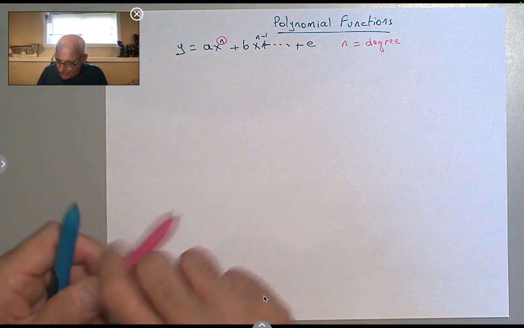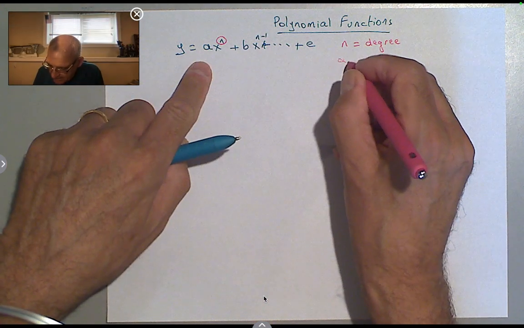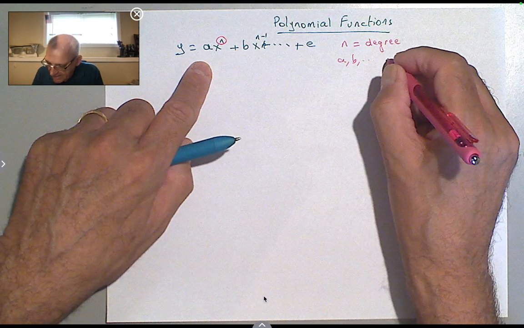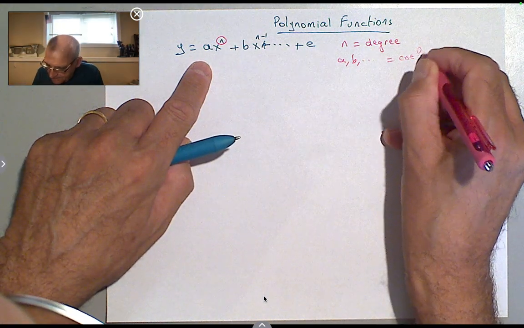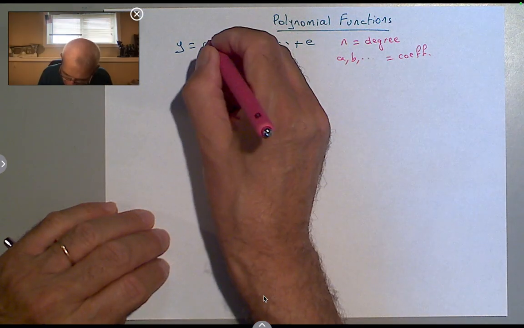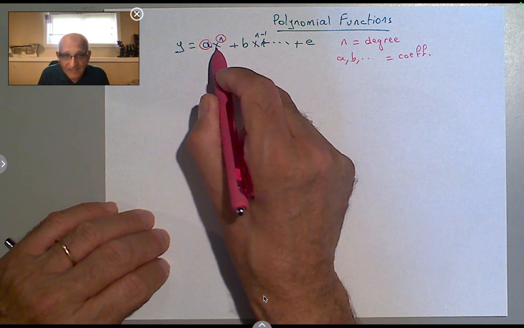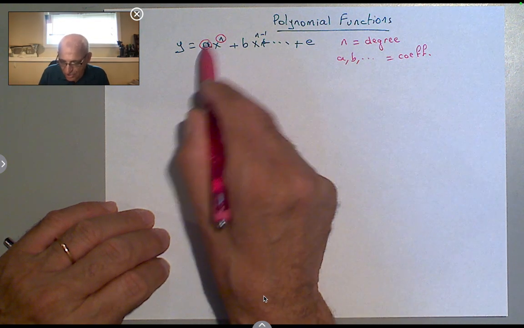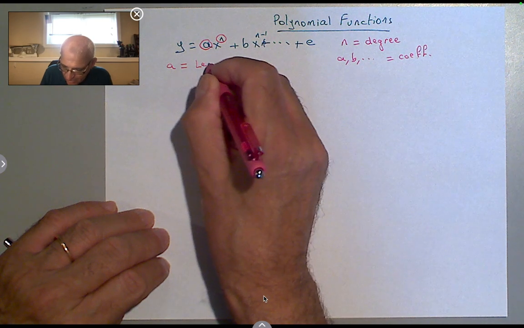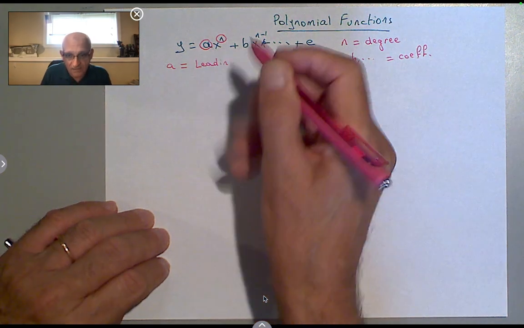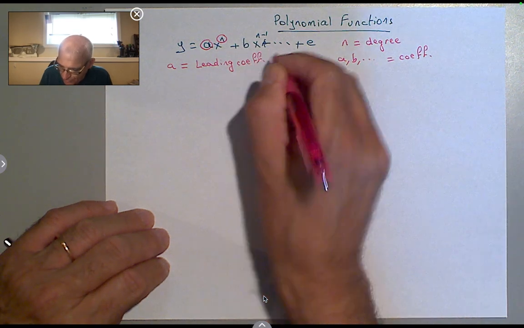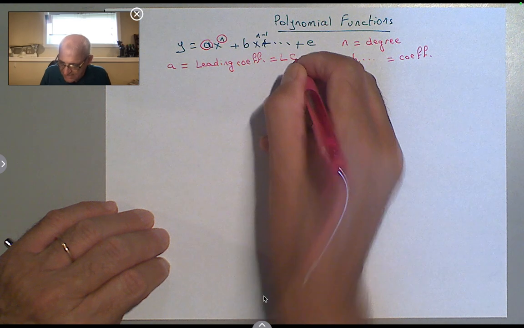We refer to the a, the b, all these constants as the coefficients. But one of them in particular, the a, the coefficient of the highest power, the coefficient of the degree, we refer to it as the leading coefficient because it is the leader, right? Leading coefficient. And again, for short, we are going to refer to it as LC.